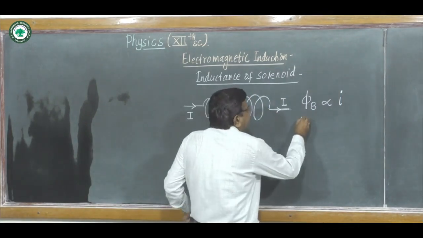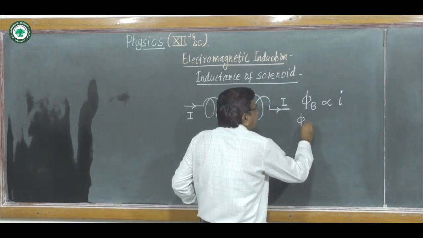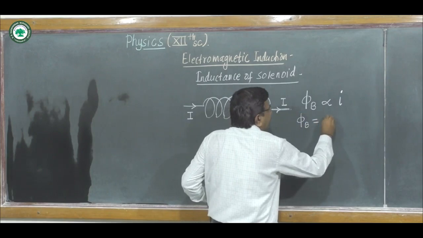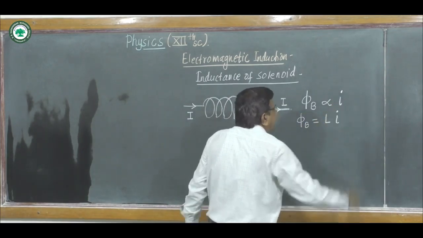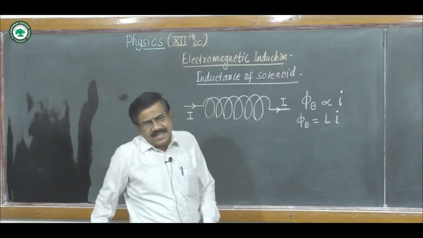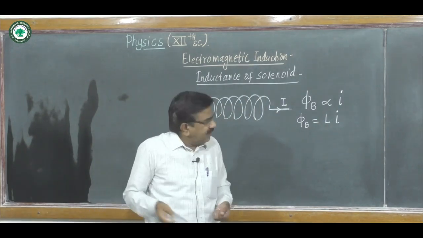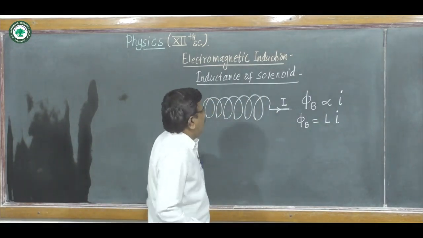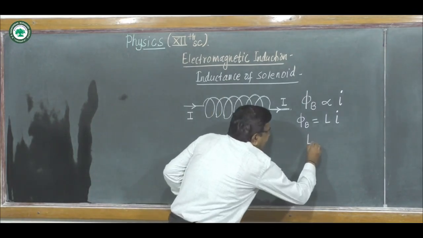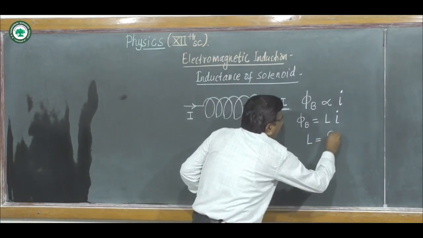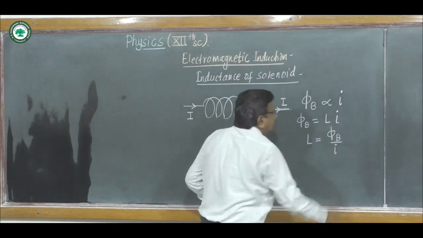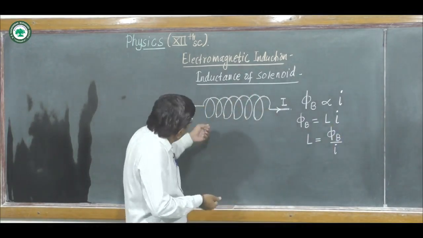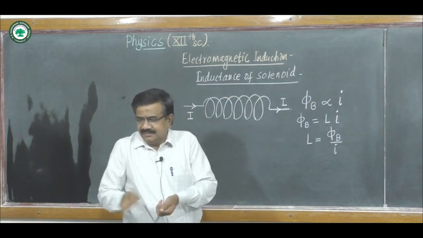Or this magnetic flux phi B is some constant term, we call it L, coefficient of self-induction or self-inductance, and that phi B is L into I, or this L is phi B upon I. This is for one turn of the coil.